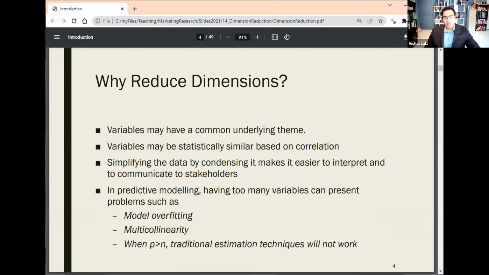Imagine a survey questionnaire where people are asked 4 or 5 questions about pretty much the same issue, like satisfaction. There may be satisfaction about different aspects of the experience, but they're really about satisfaction. They might fit nicely into a theme of satisfaction with the service.